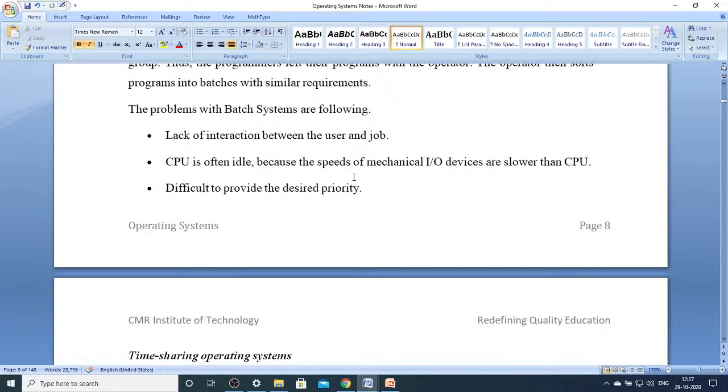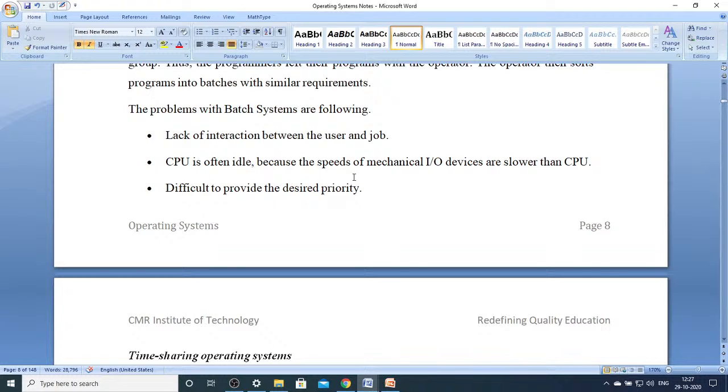Whenever there is a read or write operation, it is the job of IO devices, the slowest components, and whenever there is an instruction execution, it is the job of the CPU and it is done faster. So due to these differences in speed, the CPU will be sitting idle most of the time.